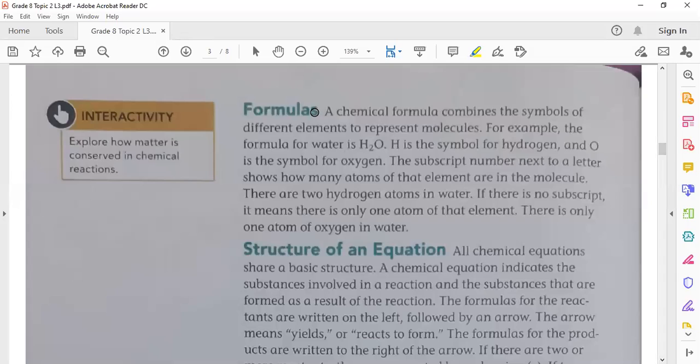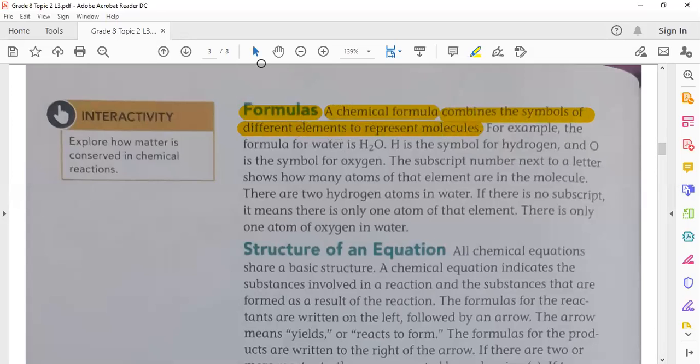Formulas. A chemical formula combines the symbols of different elements to represent molecules.